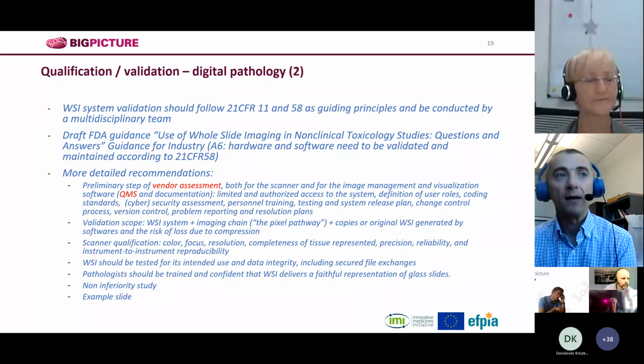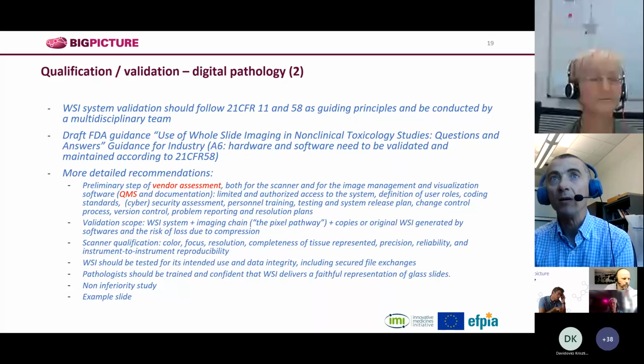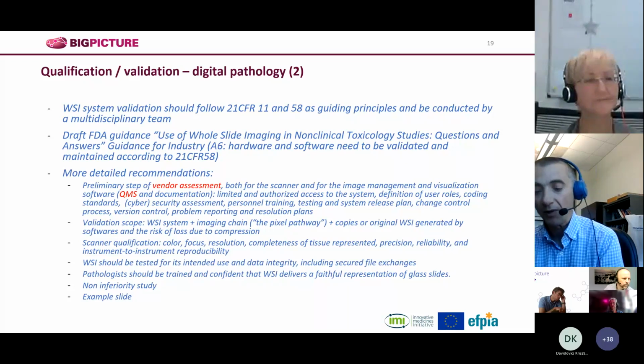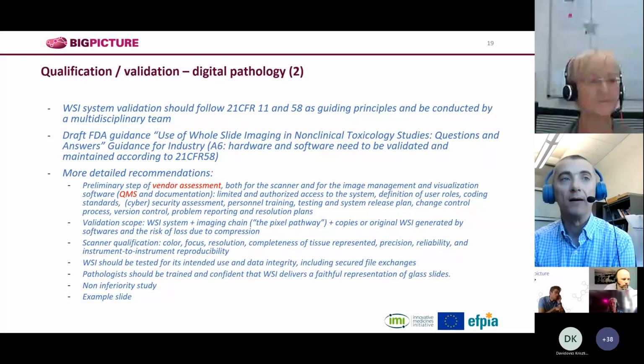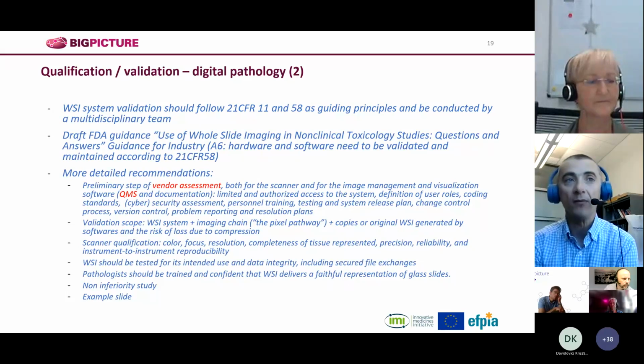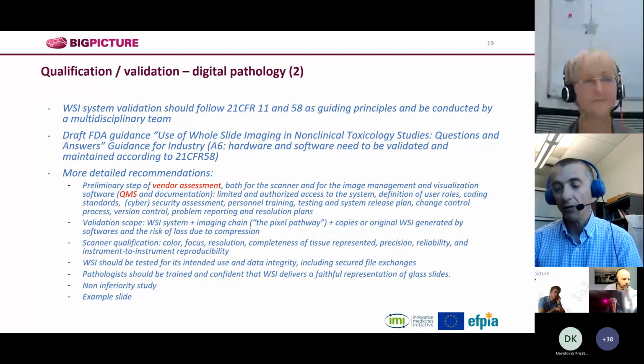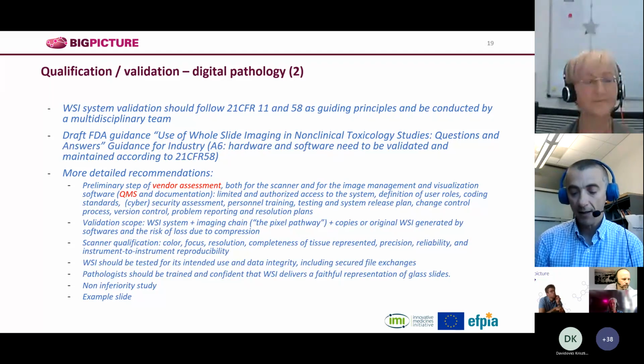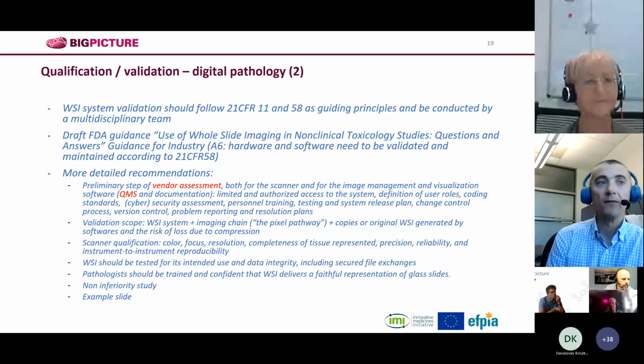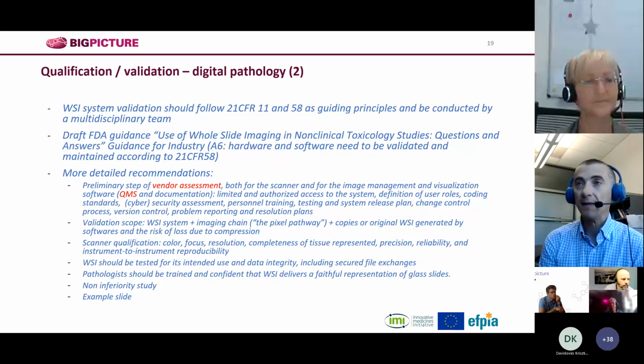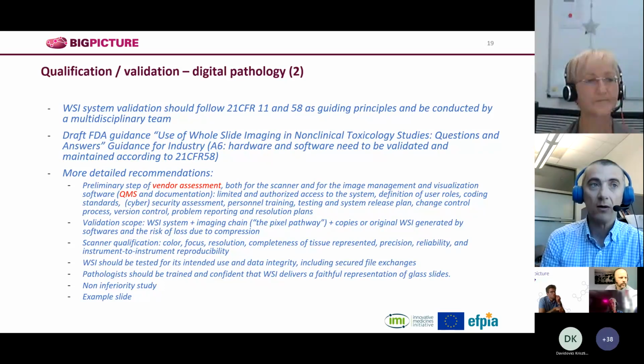So when you look in details about what is needed, and this is coming mainly from publications from professional societies, what we expect is to have a preliminary step of a vendor assessment, and there are a certain number of things that we are supposed to verify. In particular, if the vendor has a quality management system and how they document what they are doing.